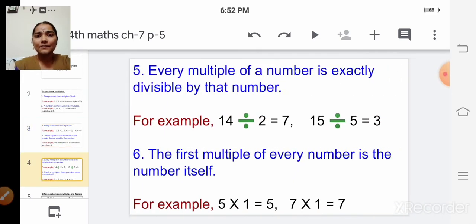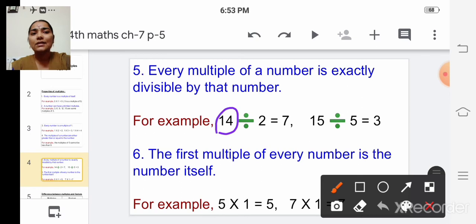Clear, children? Yes. Fifth one, every multiple of a number is exactly divisible by that number. See the example. 14 is a multiple of 2.